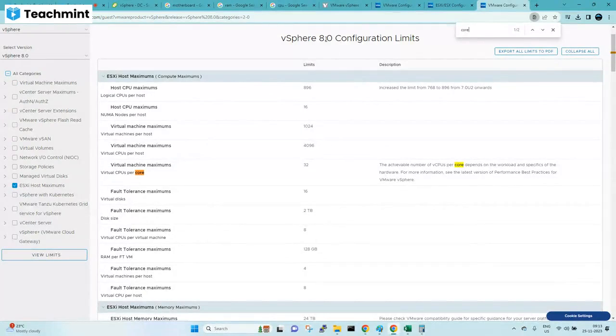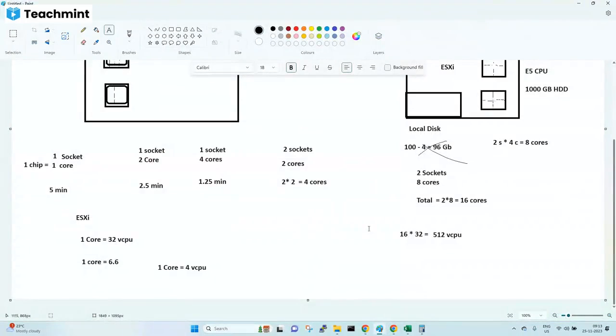Here, vSphere 8, virtual CPUs per core 32. Okay. Clear? Any questions as of now?